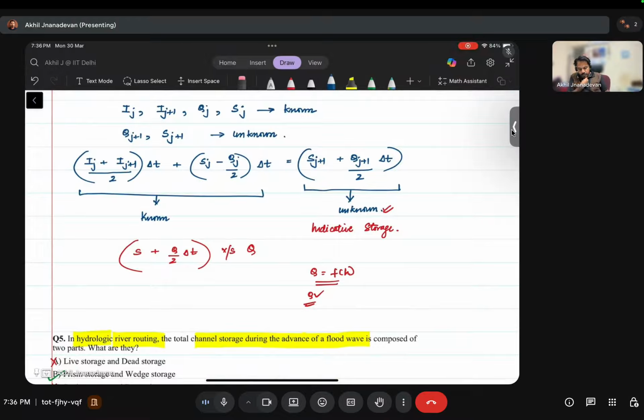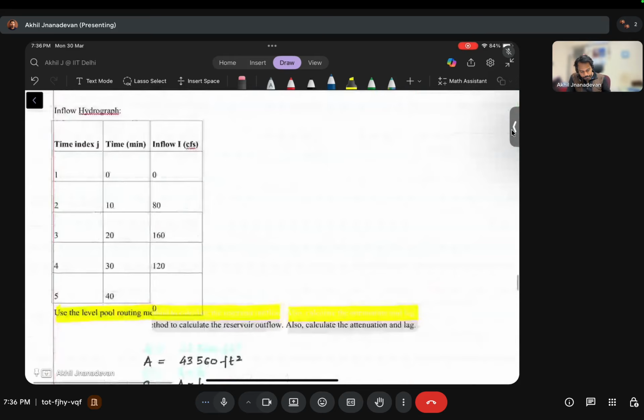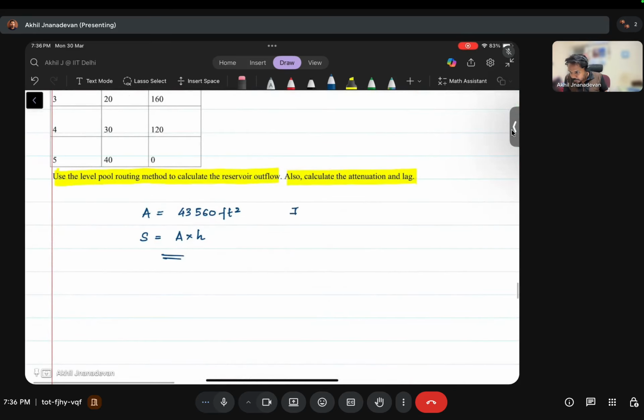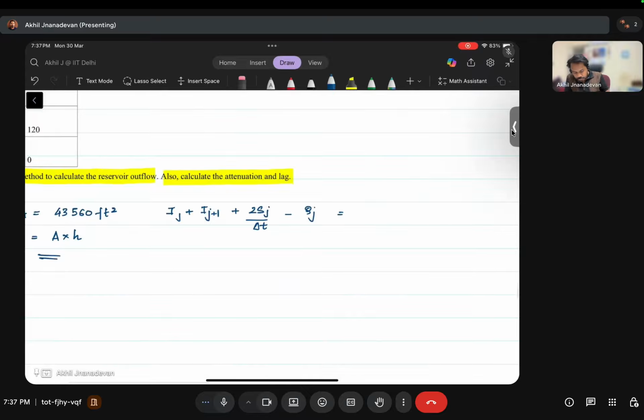So this equation we already know, right? If I multiply it throughout by 2, what I'll get is I_j plus I_j+1, plus 2S_j by delta t minus Q_j, is equal to 2S_j+1 by delta t plus Q_j+1.